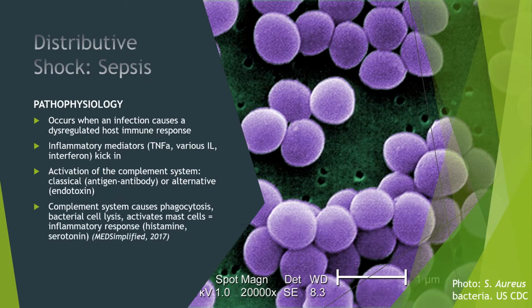The complement system assists the immune response by encouraging phagocytosis, which is the engulfing of foreign pathogens by white blood cells, as well as bacterial cell lysis itself, so the breakdown of bacterial walls and the destruction of the cell. It also activates mast cells, which is responsible for further release of inflammatory mediators such as histamine and serotonin.